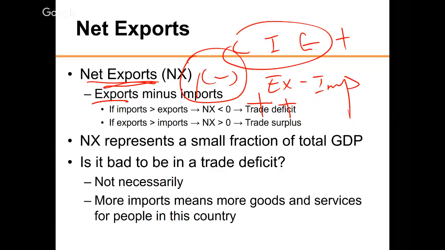So more import doesn't mean it's a bad thing. It actually means a good thing for the economy, because we have people from other countries serving us, making t-shirts for us, making computers for us, and maybe even cooking for us. With all the other services provided by other countries for us, we are better off.